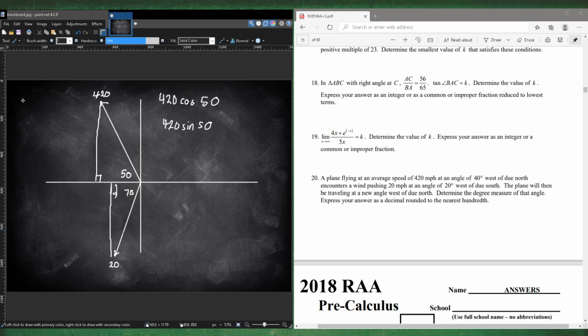Well, this is 20 times cosine of 70, so plus 20 cosine of 70. And for its y component, it's actually negative because it's going down. It has to have minus 20 sine of 70. So this is x and this is y.